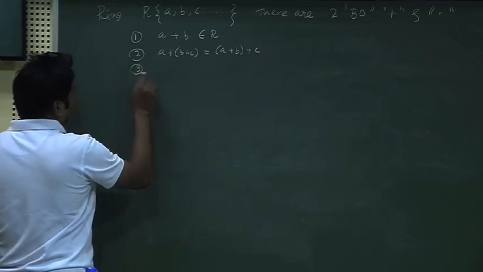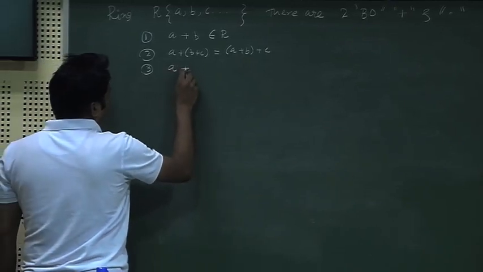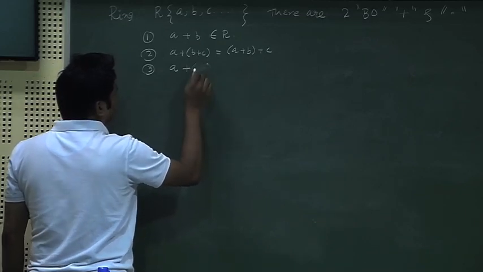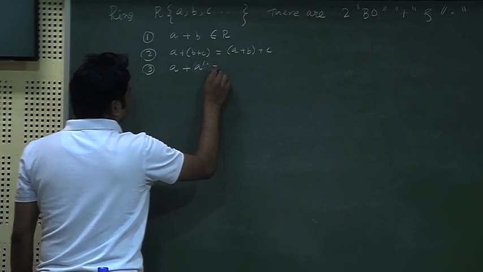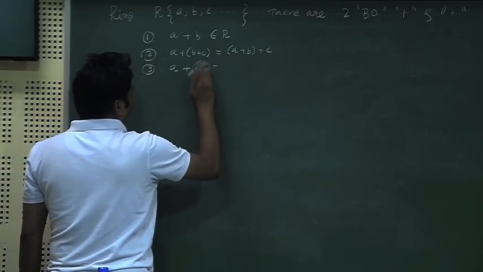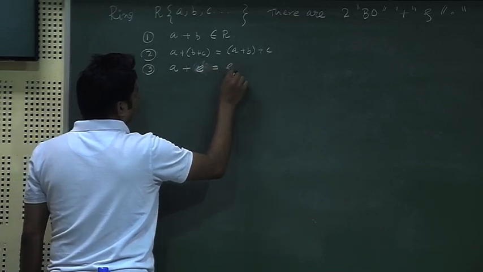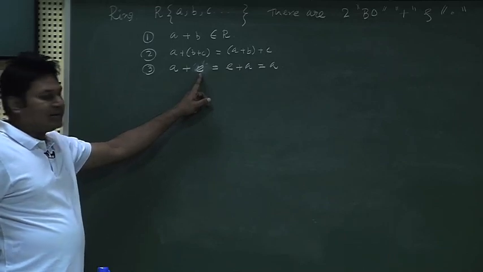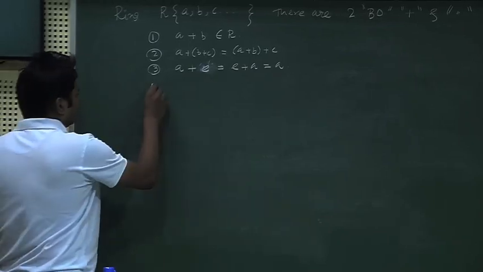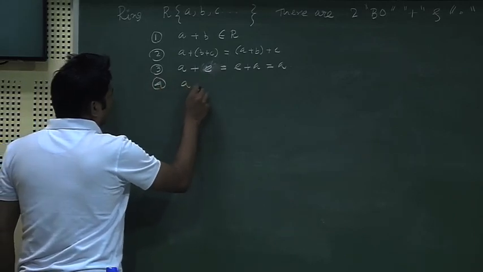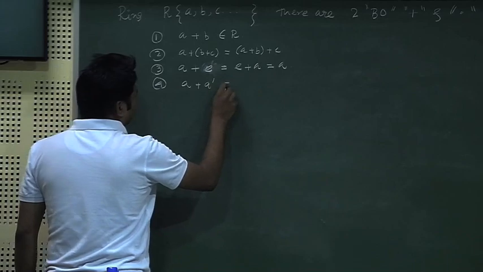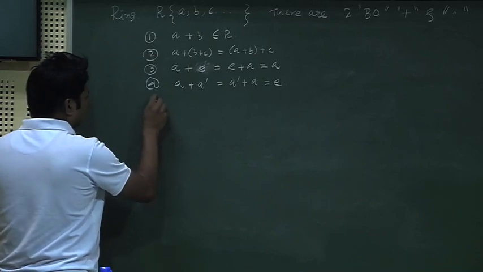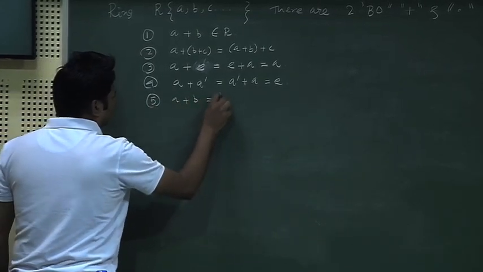Third, there is an identity element, I call it E, such that E plus a is equal to a. 4, a plus a star is equal to a star plus a is equal to E. 5, a plus b is equal to b plus a.